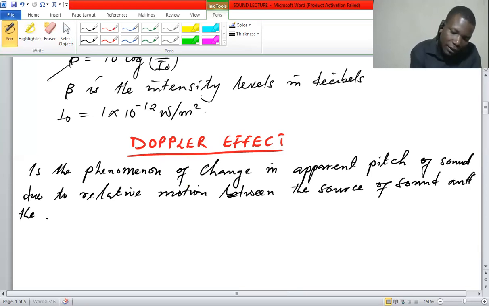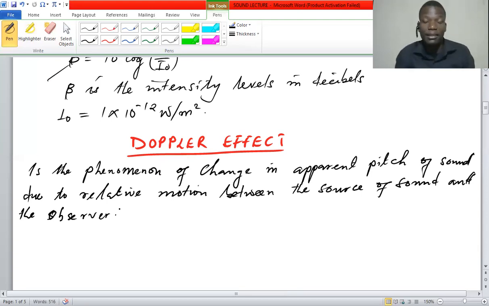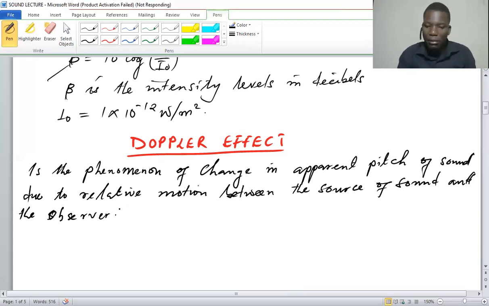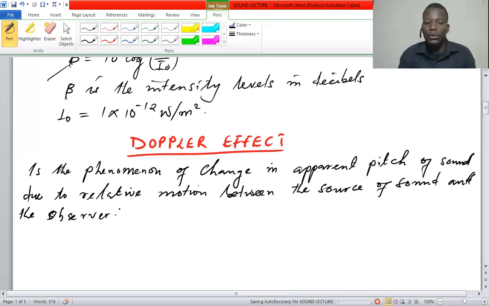The source of sound here is the ambulance. And you, as a human being standing there, are an observer. Sometimes you may also be moving. I've given an illustration where you are stationary, but the observer can also be moving.